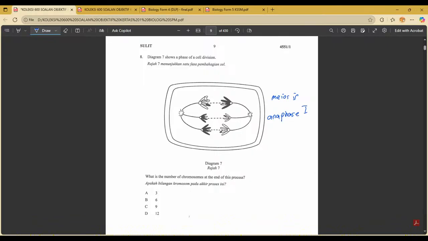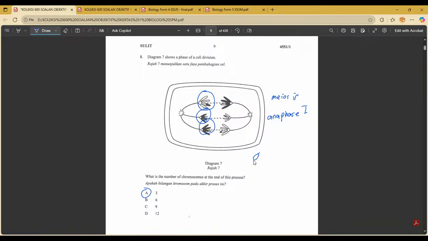Chromosomes at the end of the process. So 1, 2, 3. But I'm gonna assume, yeah, 1, 2, 3. 3 chromosomes per cell, right?